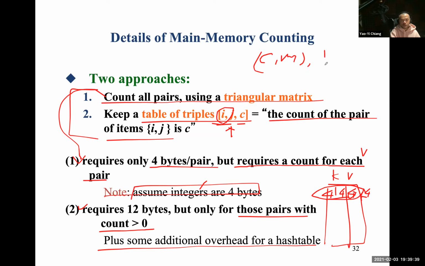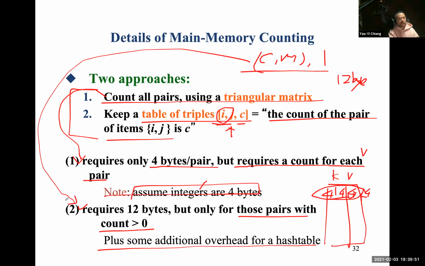We see it once. This together requires 12 bytes. Okay, this is this approach. But the benefit of doing this is we don't have to initiate your counters beforehand. So let's look at how a triangular matrix works here so that you can get a better idea.